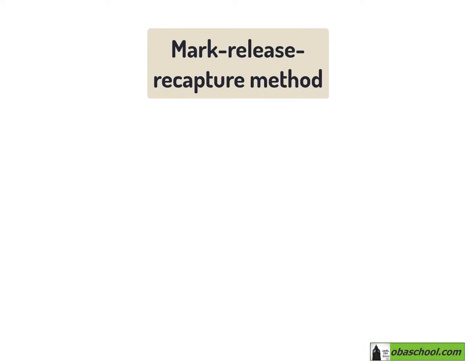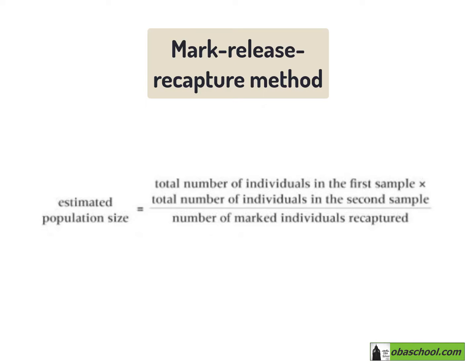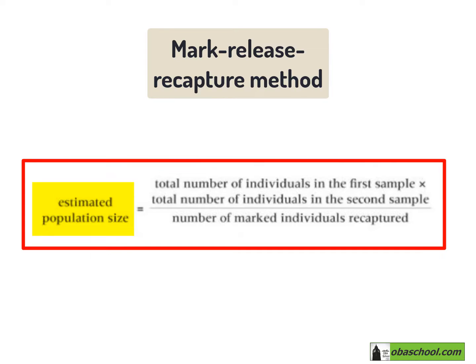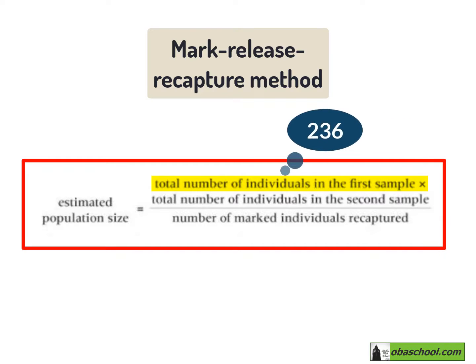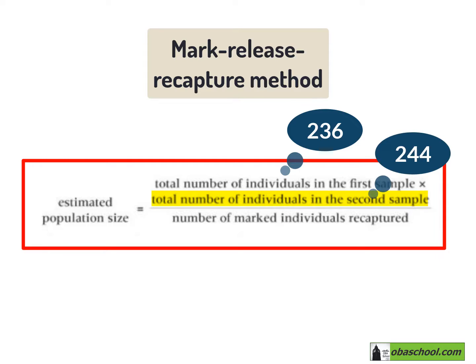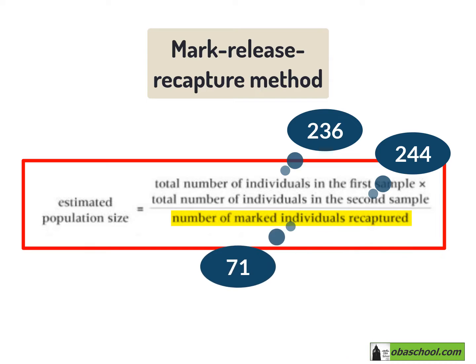Now, in order to calculate the estimated population size, we should use this equation. Estimated population size equals the total number of individuals in the first sample, which is 236, multiplied by the total number of individuals in the second sample, which is 244, all divided by the number of marked individuals recaptured, which is 71.